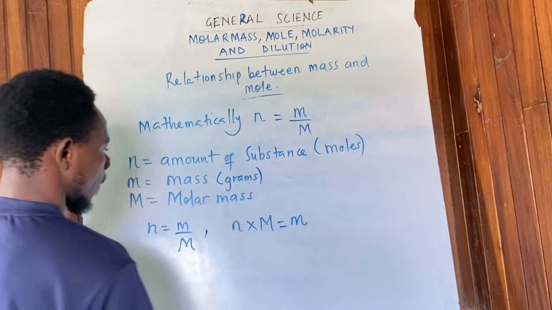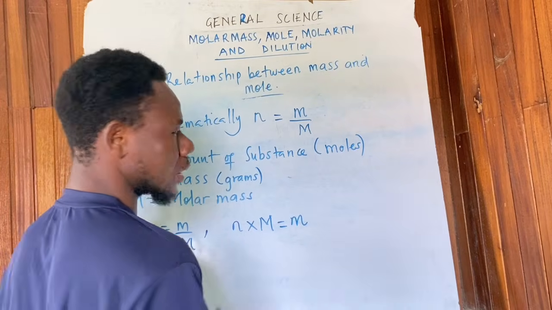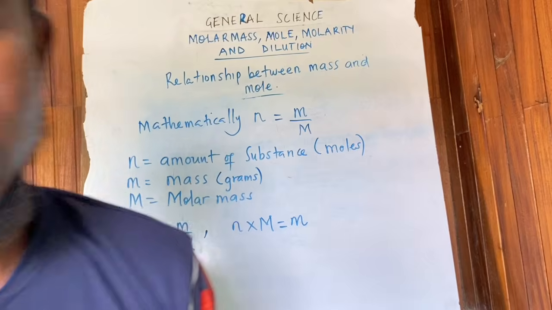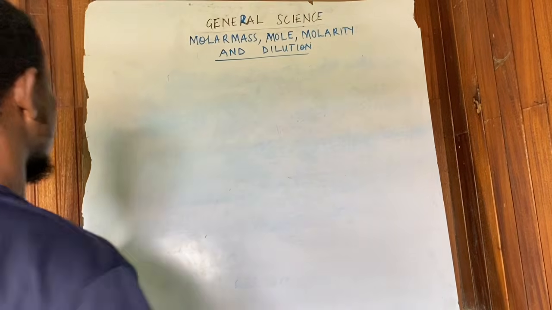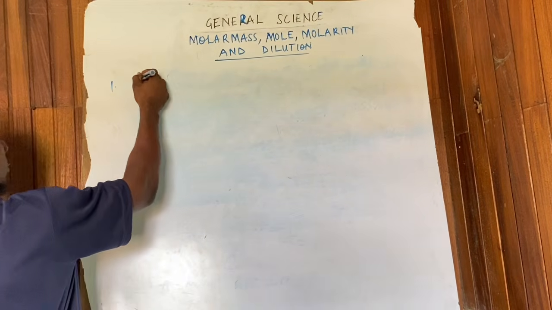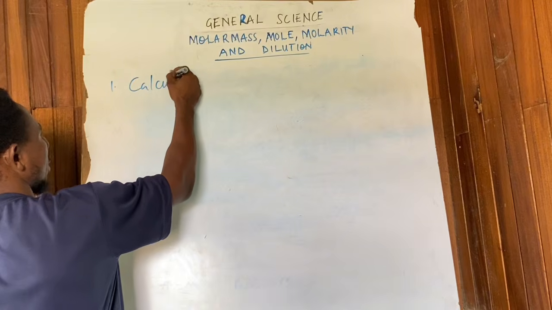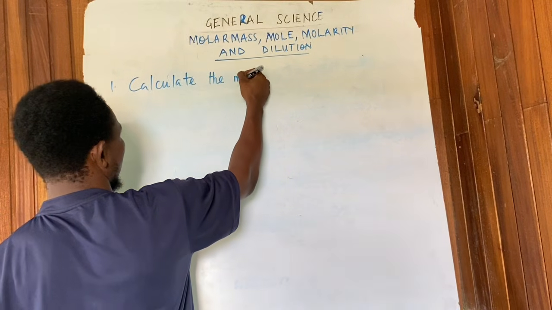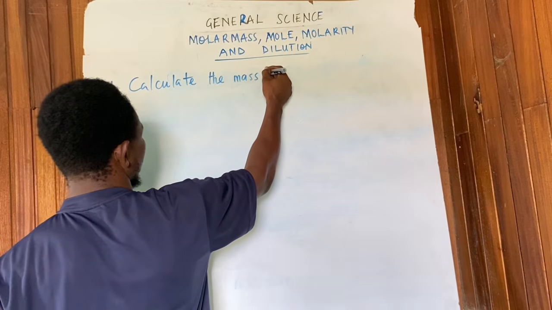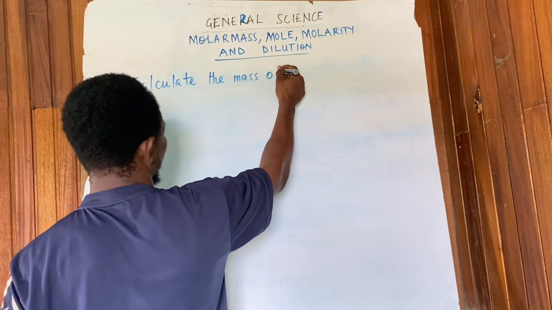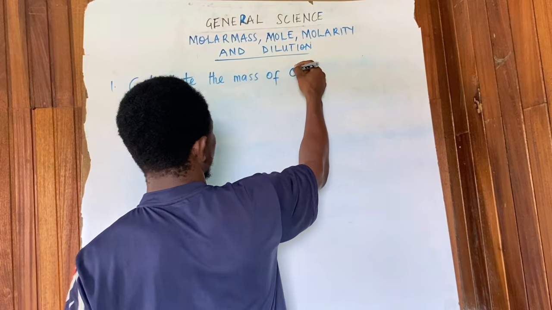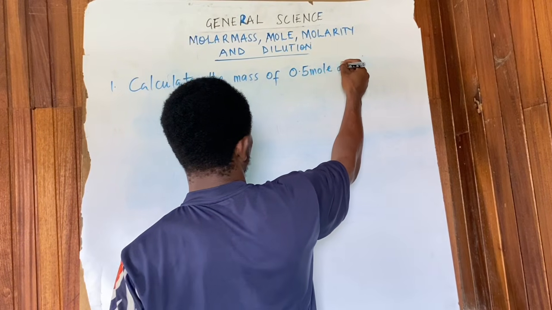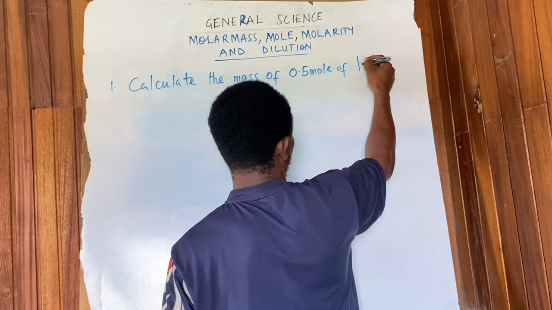Let's continue. Let's take our first example. Question 1: calculate the mass of 0.5 mole of iron.